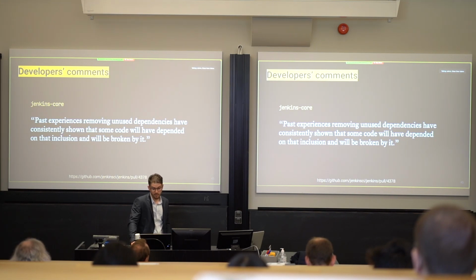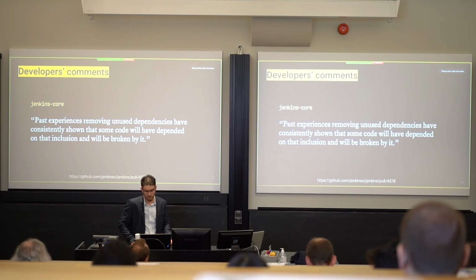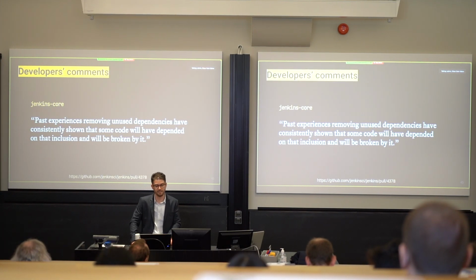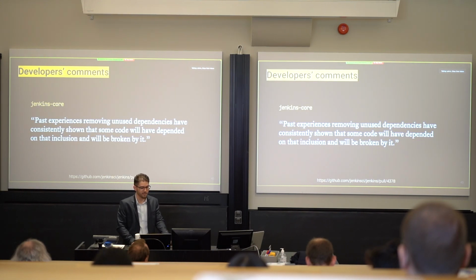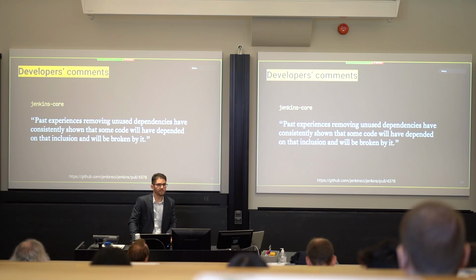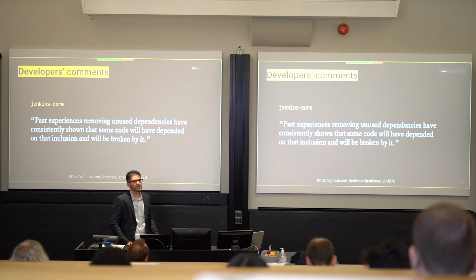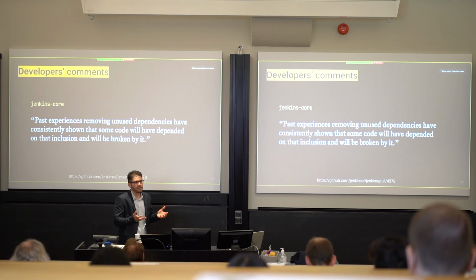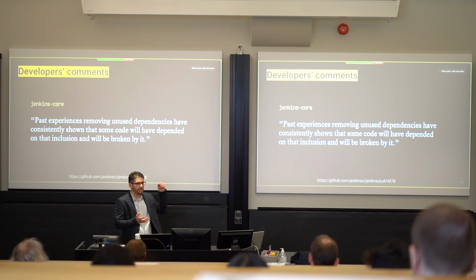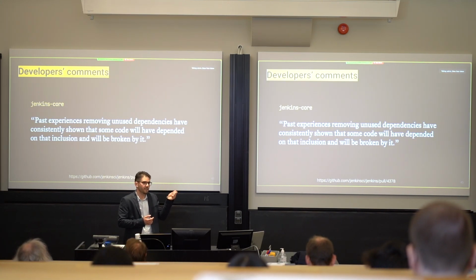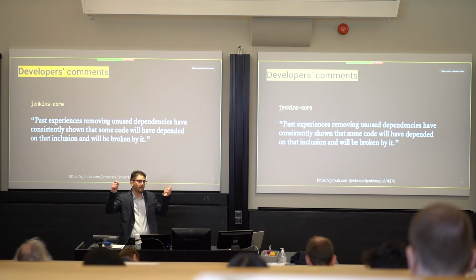She said, past experiences removing unused dependencies have consistently shown that some code will have depended on that inclusion and will be broken. So it means that developers have concerns that by removing a dependency in the project, it could be another project, perhaps within the same organization, that actually needs this piece of code.